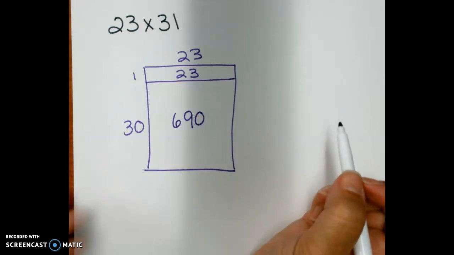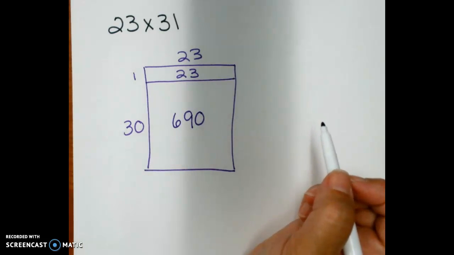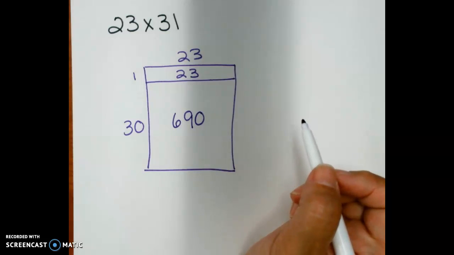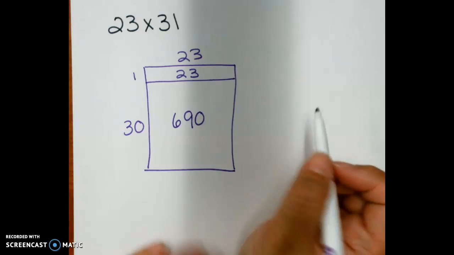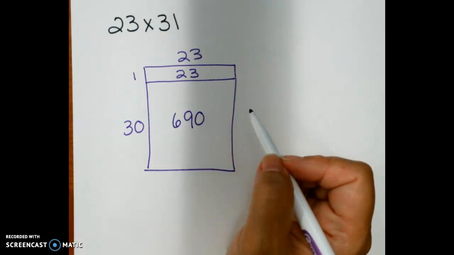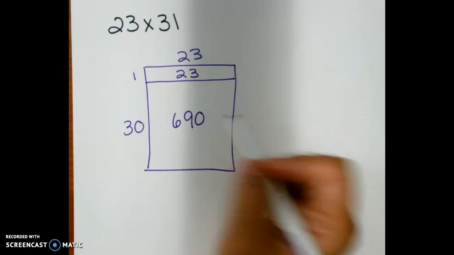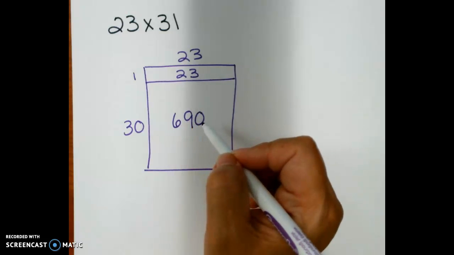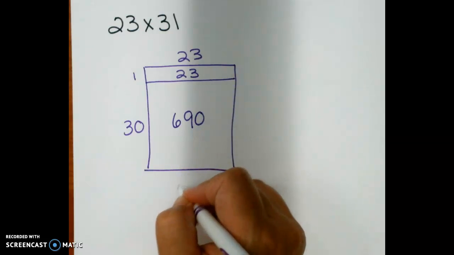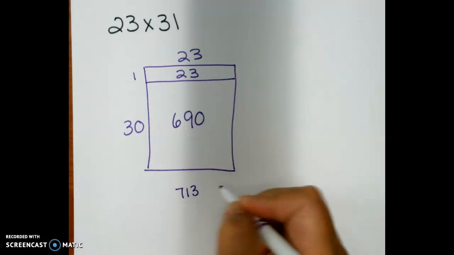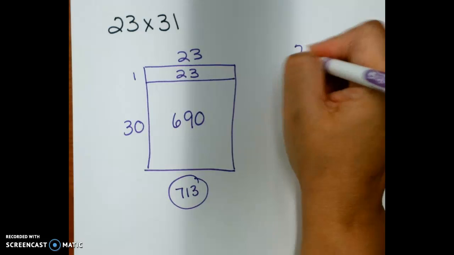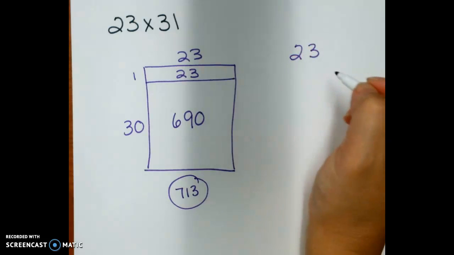If we even turned it sideways, it'd be fine. It would still be the same thing. So what is the product of 23 times 31? Now we have to add these two, which would give me a total of 713. Now, let's do it in the standard algorithm so you can see where these numbers come from.